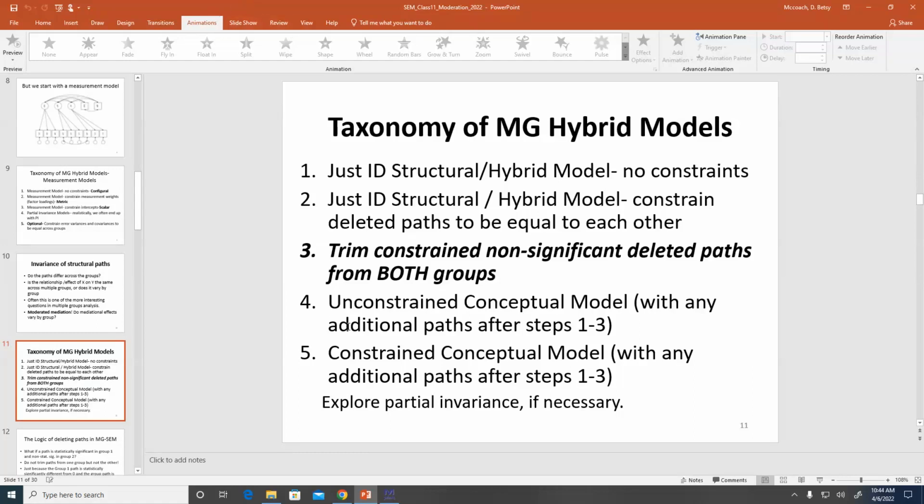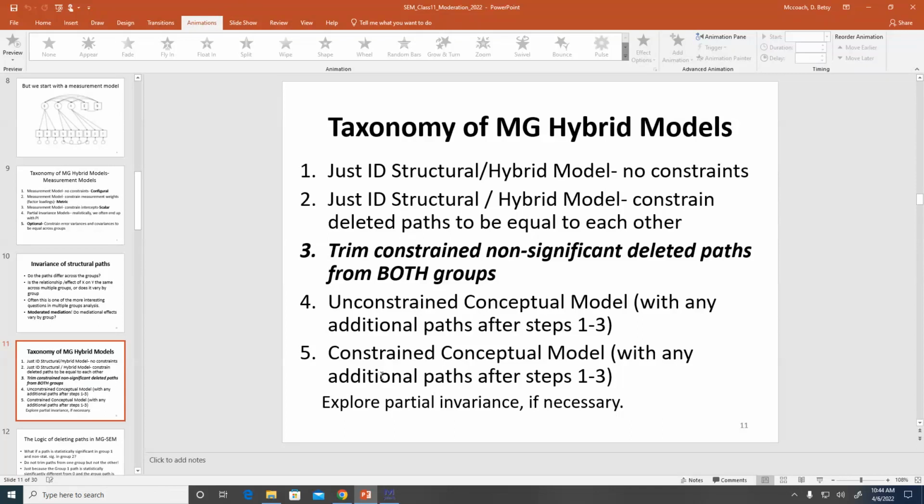And then finally, we haven't talked about it here, but once you've done all of this with the paths, you can also constrain means and intercepts to be equal across the groups. Because remember, these paths are really just talking about the structural relationships, the direct effects.